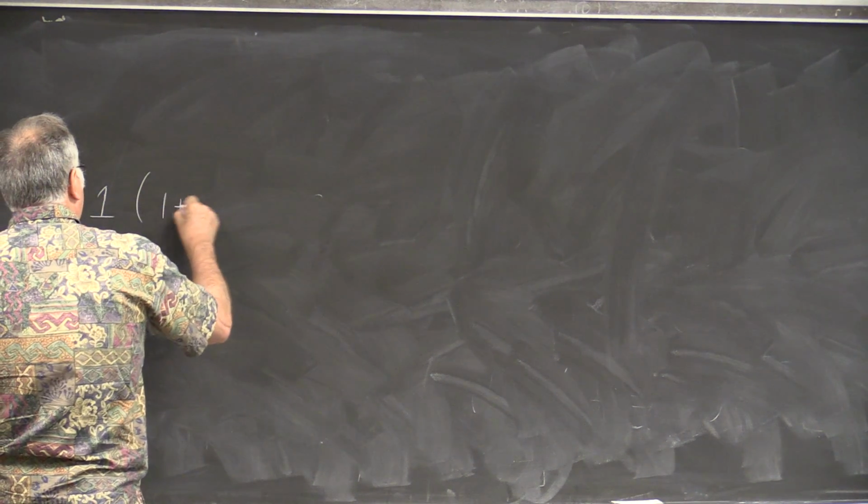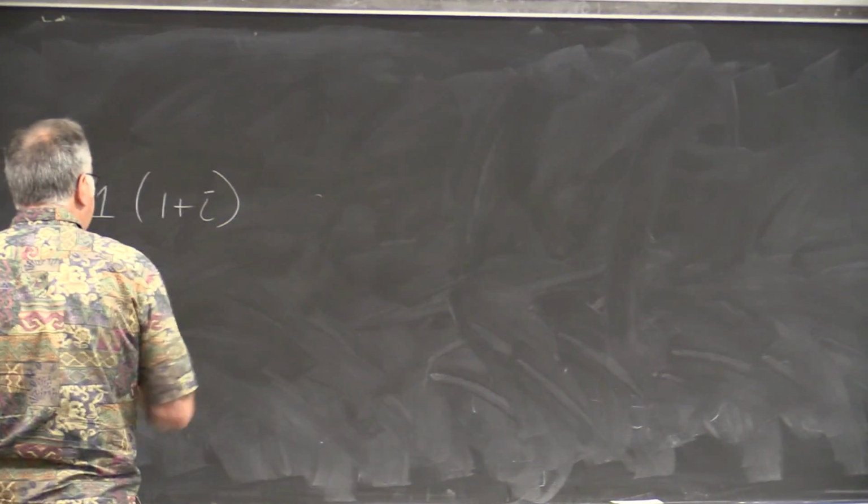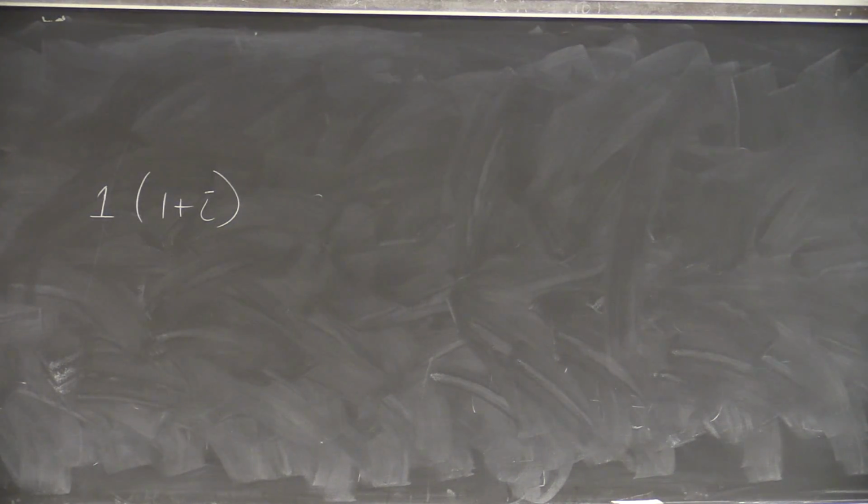It would be 1 times 1 plus I. That would be the value of $1 invested for 1 year at an annually compounded interest rate of I% per year. So if I were 0.05, it would be worth 1.05.